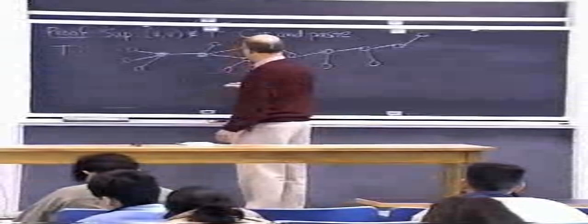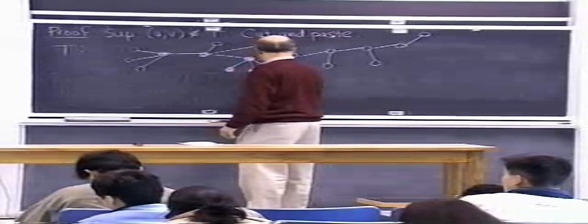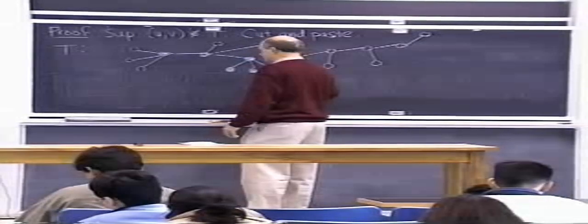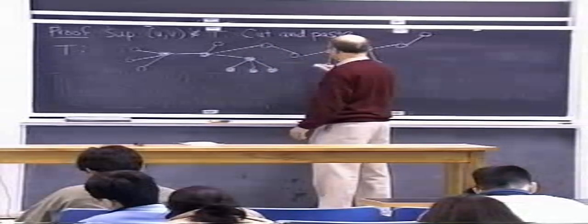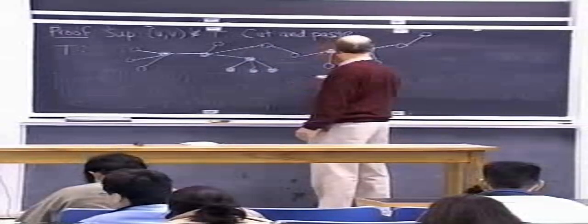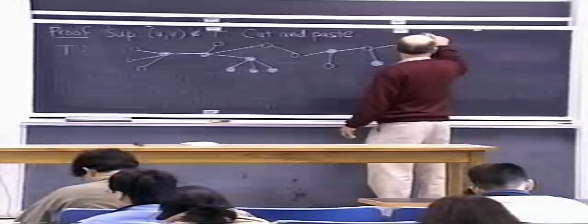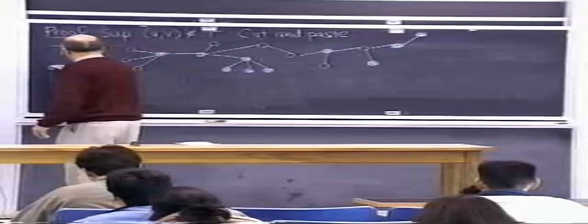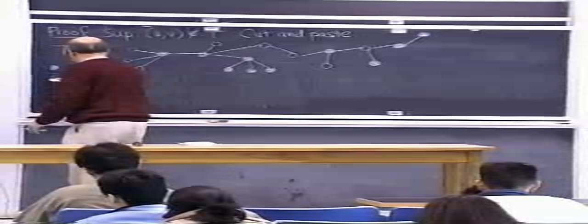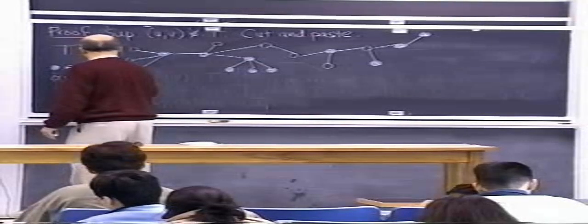It's in A. And these 4 are all in A. I'm going to pick this one to be in A, and this one to be in A, and these two to be in A. So those are all in A. If I have that and that, these are in A, and these are in V minus A.